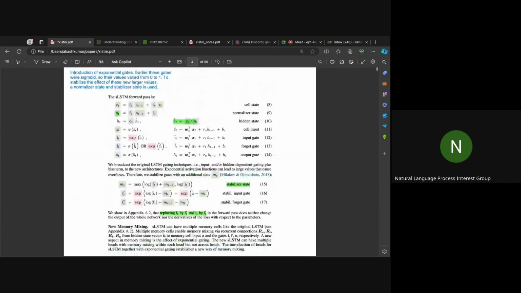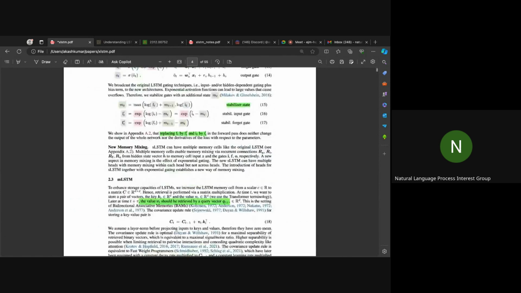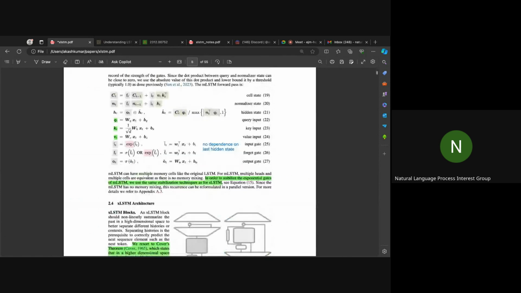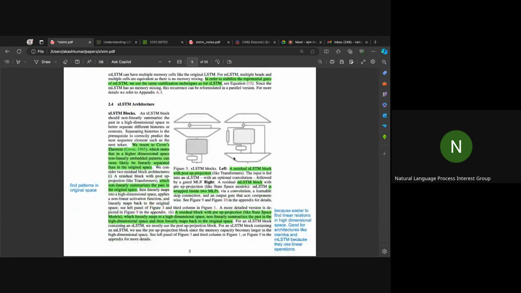So the idea is that in higher dimensional space, the models are much more able to effectively find patterns using linear methods itself. That is the reason for this type of pre-up projection, where you increase the dimensionality and find patterns there, followed by a reduction of the dimensionality to the original size.